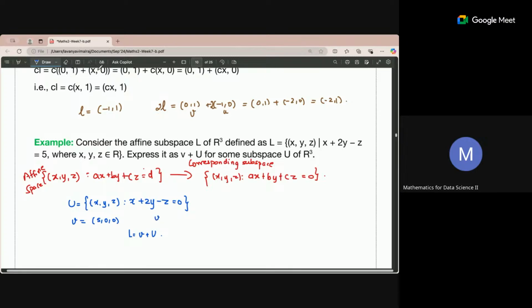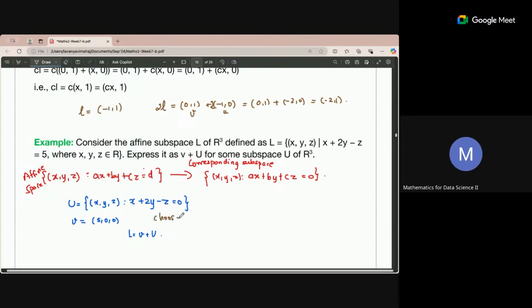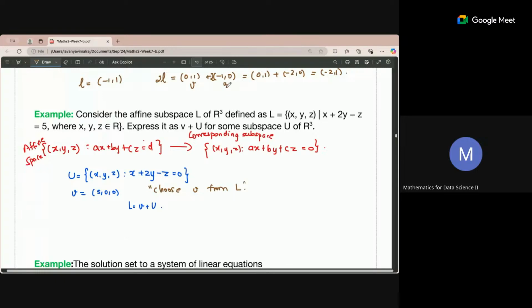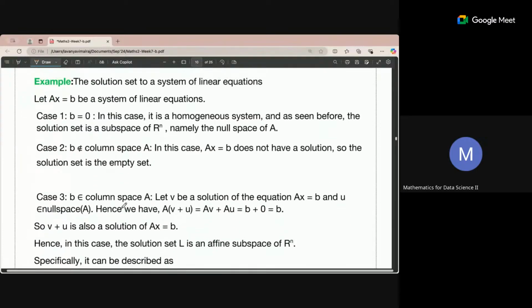You have to choose V from L. So any element from L makes a choice for V. Okay. So L is equal to V plus U. We have done.